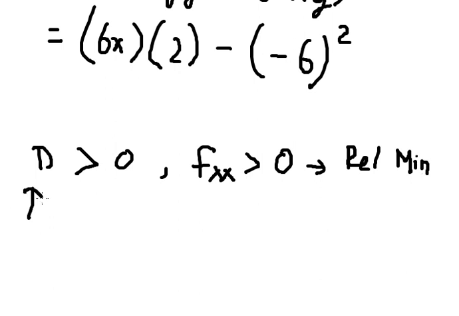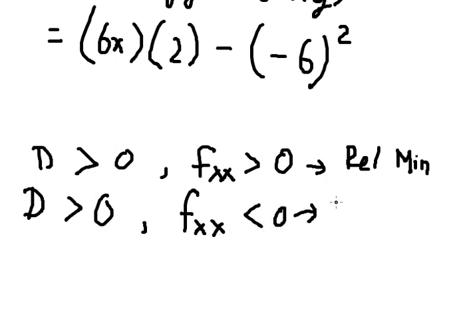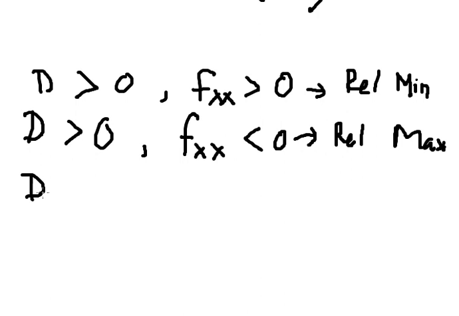If D greater than number 0, fxx smaller than number 0, this is a relative maximum. And D smaller than number 0, this is a saddle point.